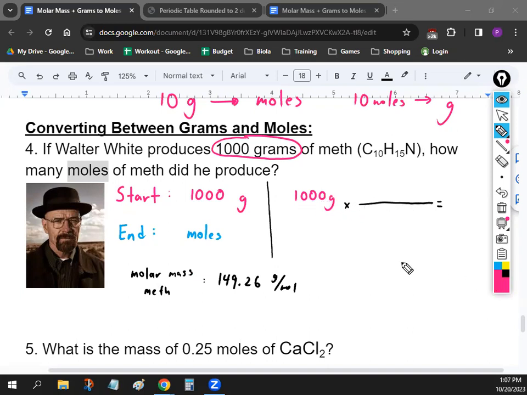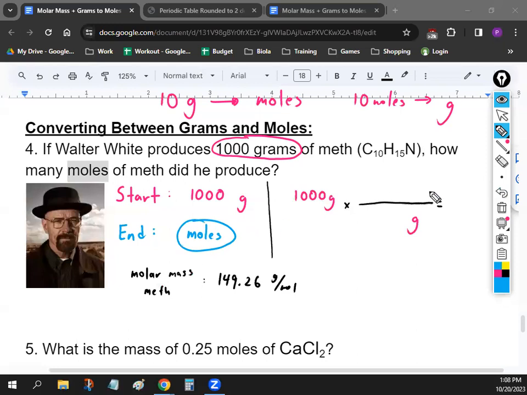Now, whenever you're trying to get rid of something and turn it into a different unit of measurement, whatever you're trying to get rid of, so grams, you put it on the bottom of the fraction, okay? You guys remember from algebra, if you have something on the top and bottom of the fraction, they cancel each other out, right? So that's the concept behind that. So you want to get rid of grams, so you put it on the bottom of the fraction. You want to turn it into moles, right?